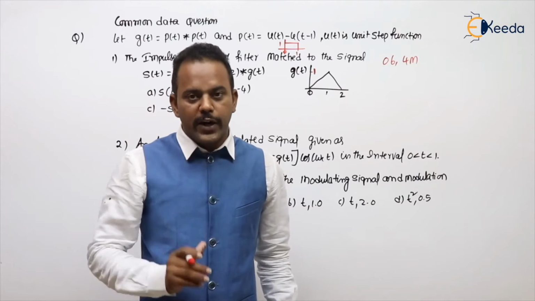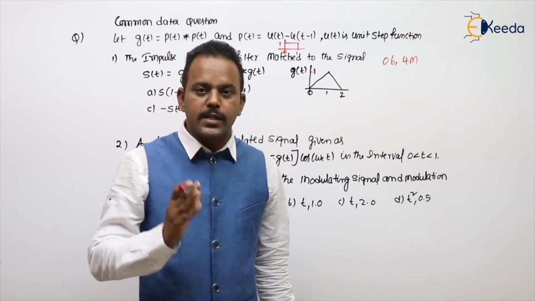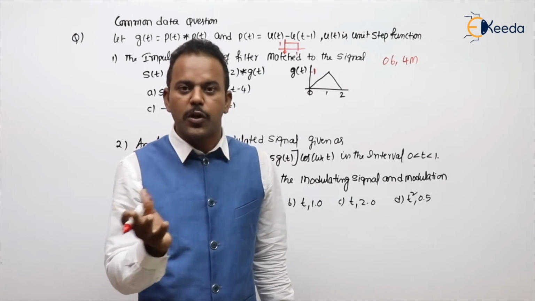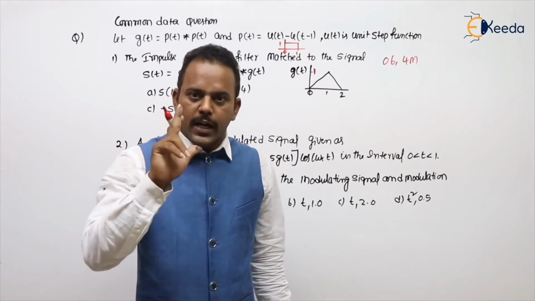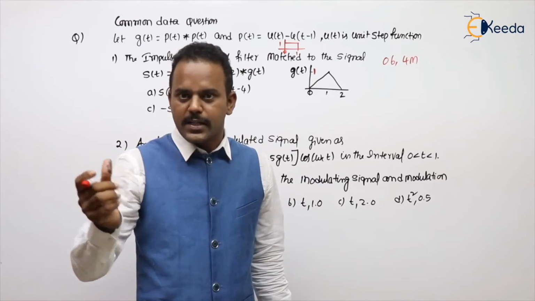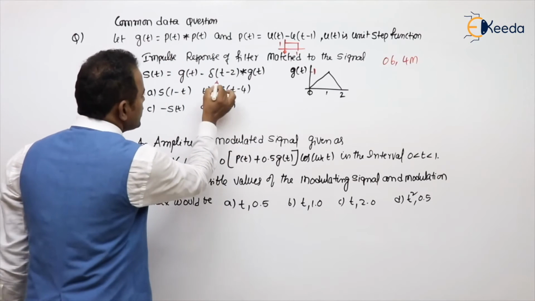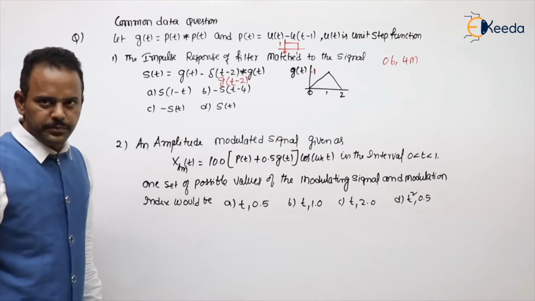Like in addition, the number 0 is an identity number because any number you add with 0, that number only will come. Like in multiplication, the number 1 is called the identity number. Understand the logic? So this is nothing but g(t minus 2) will come.